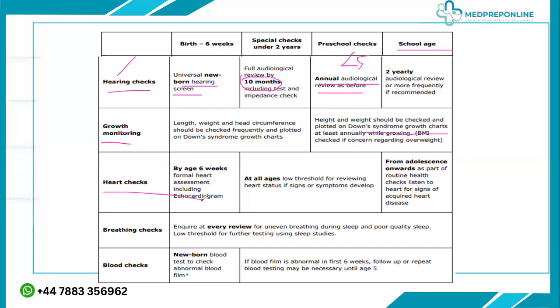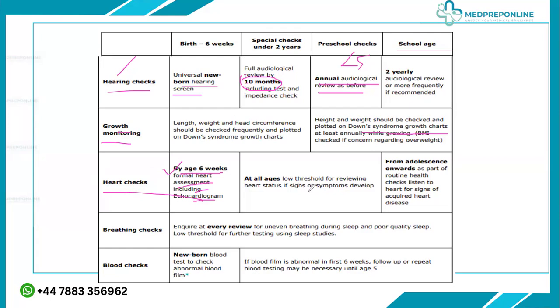Next we have heart checks. As I told you, by age 6 weeks, a formal heart assessment, including echocardiogram. The guidelines say that if they have an abnormal ECG after birth, it should be done within 2 weeks of age. At all ages, there is a low threshold for reviewing heart status, like if they come with clinical symptoms.